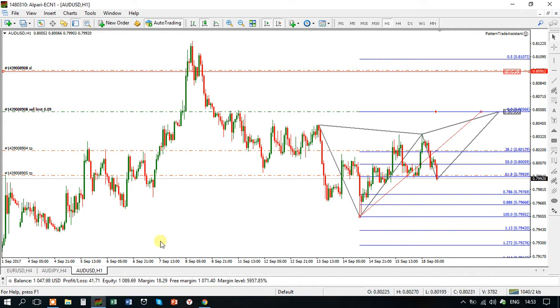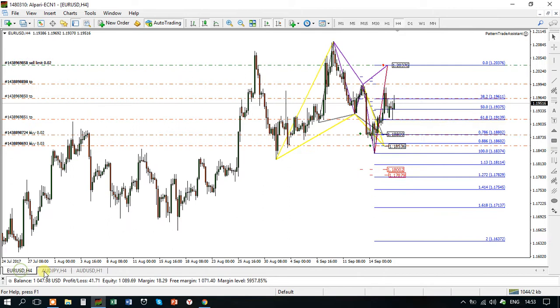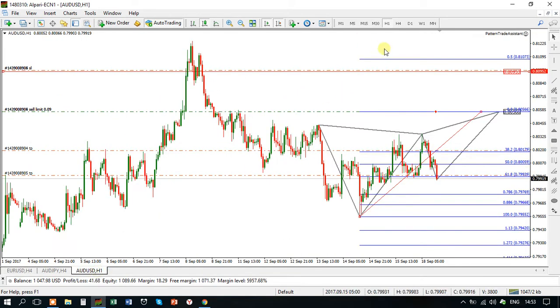So if you don't have it on Aussie dollar, it won't work. You should have it on Euro dollar, Aussie yen, Aussie dollar, on every chart that has a trade setup, on every chart. Okay, so that was the answer to questions related to Pattern Trade Assistant.